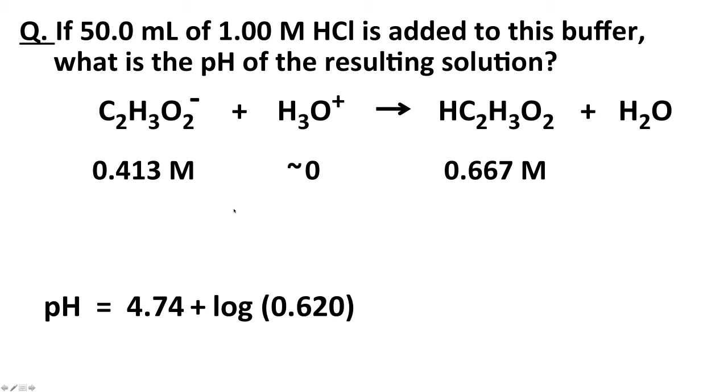And whether we use the molarity ratio or the mole ratio, we get log of 0.62 as what is added on to the 4.74, which was the pKa of acetic acid. And when we combine those two together, we get 4.53 for the pH of this solution after we've added the hydrochloric acid. Now, if you remember, the original buffer solution had a pH of 4.80.